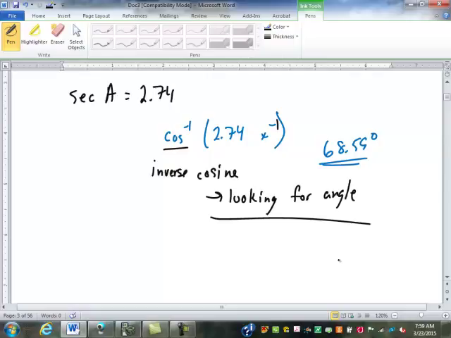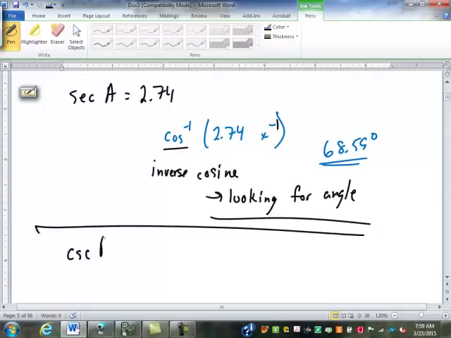So for example, if we have that the cosecant of angle B equals 1.943. If you have the angle, you use the function. If you're looking for the angle, you use the second, or the inverse. See here, we're looking for the angle. We don't have B. We're trying to find B, which is the angle.